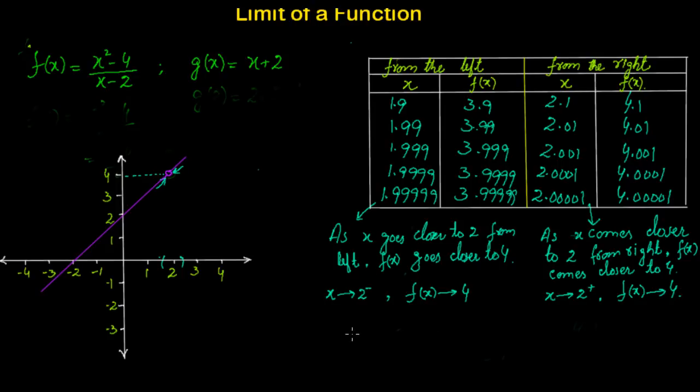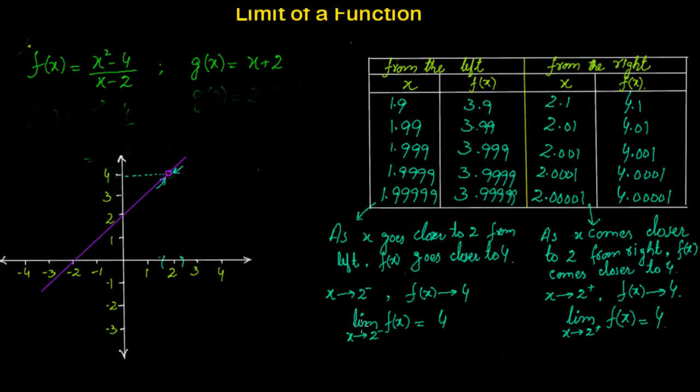This again we can write like this: limit x goes to 2 negative, f(x) equals 4. And this we can write as limit x goes to 2 positive, f(x) equals 4. This representation, this and this are the same thing.